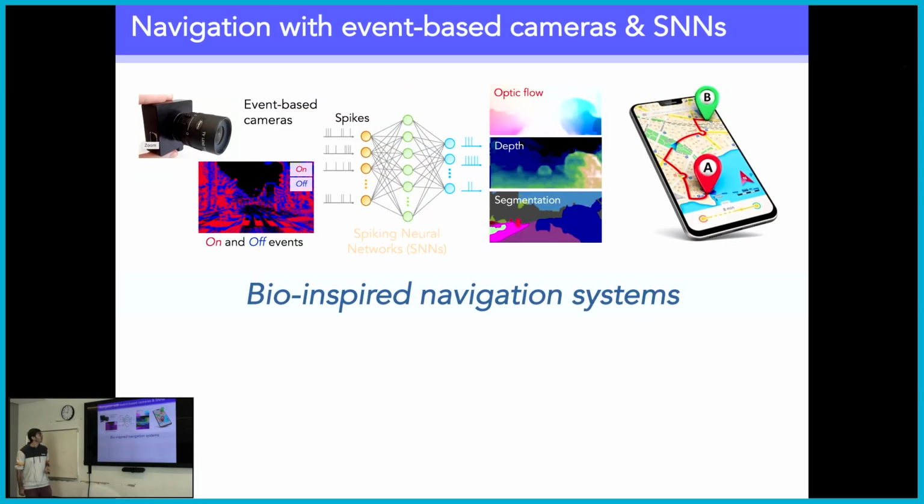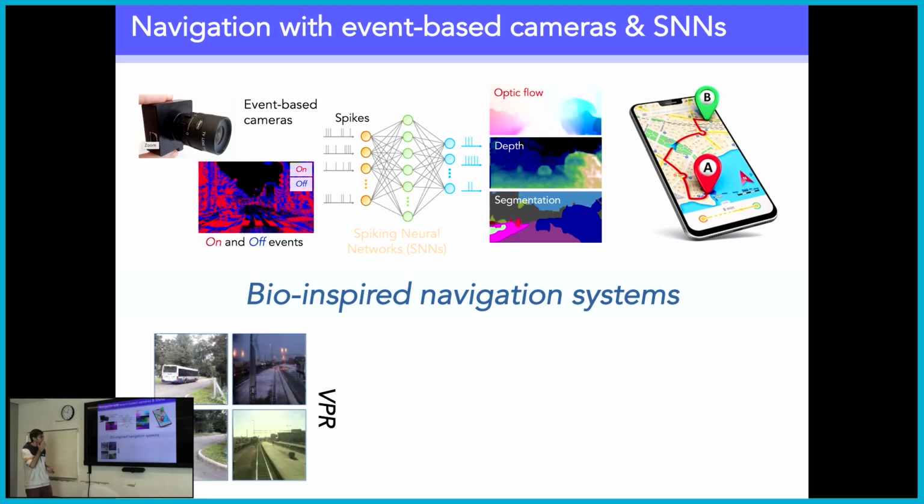One other is done under the Space SNN project, which is in collaboration with Singapore. So here, as in my other works, we want to use event-based data and spiking neural networks to extract meaningful information from the scene. But in this case, we want to do navigation. By navigation, I mean first visual place recognition, VPR.